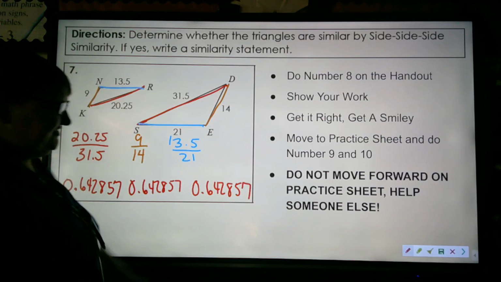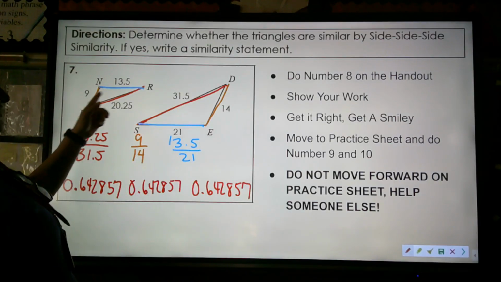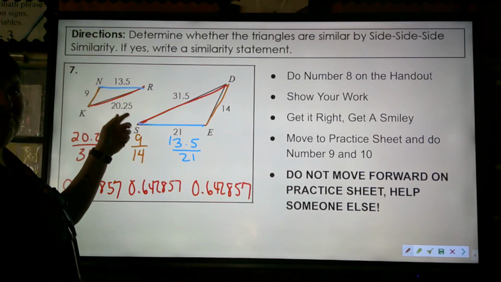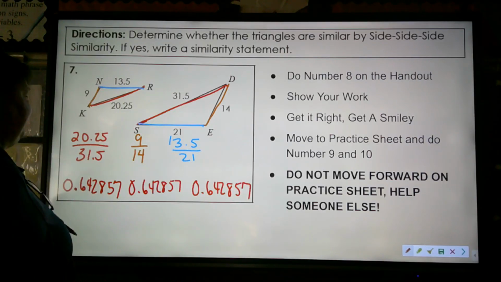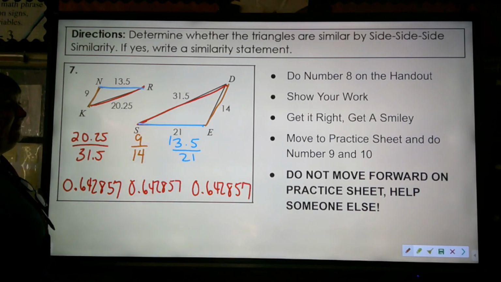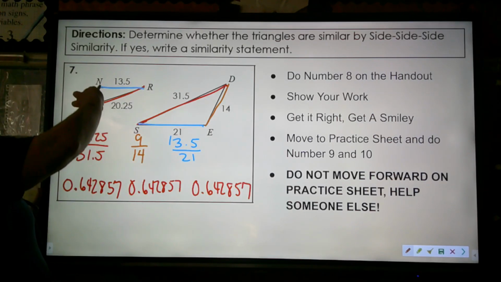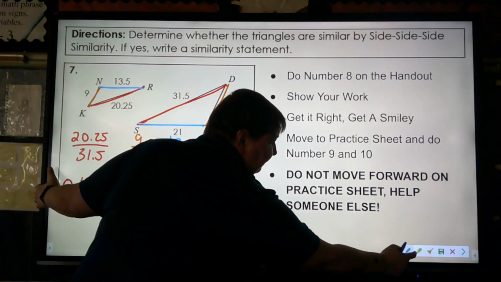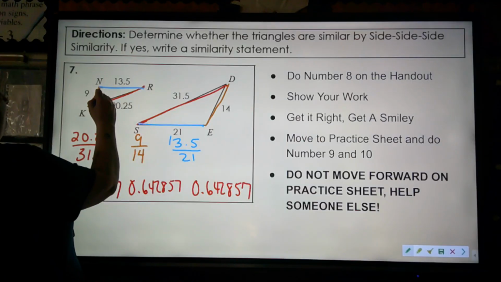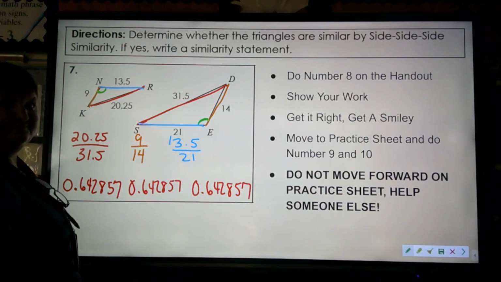Let's write our statement. And because I did this in different colors, I already know. So, let's do them in green. So this angle matches this angle, right?